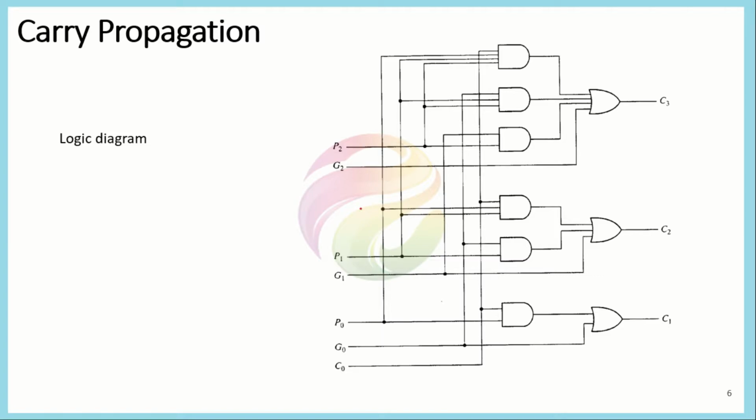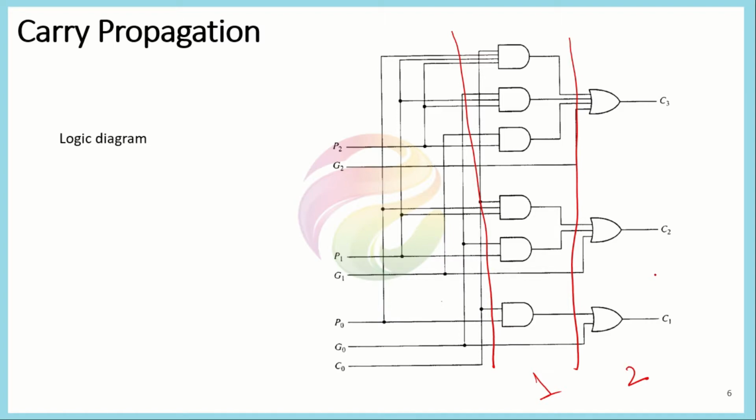So if you represent all these equations, C1, C2, C3, which we have just written, you can represent them in a two-level diagram. This is the first level and this is the second level. The important thing here is that there is additional circuitry in the system, but we are also able to generate the carry in advance.